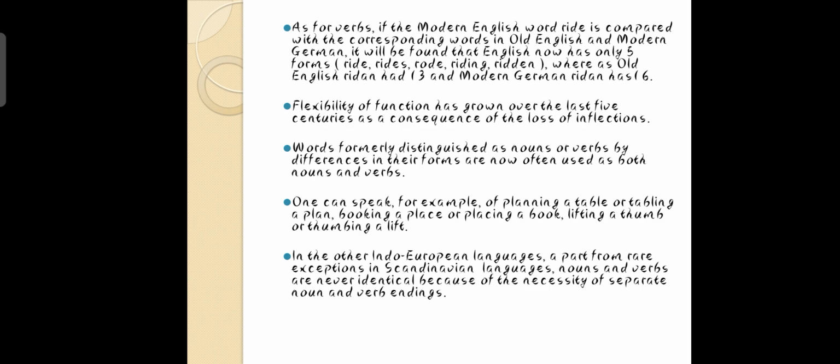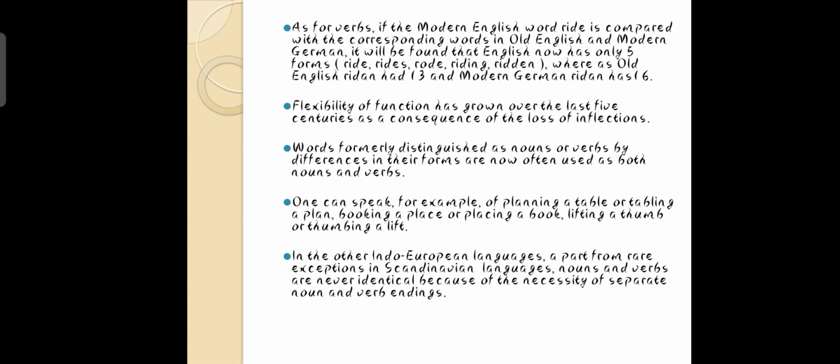Words formerly distinguished as nouns or verbs by differences in their forms are now often used as both nouns and verbs. One can speak, for example, of planning a table or tabling a plan, booking a place or placing a book, lifting a tub or tubbing a lift.